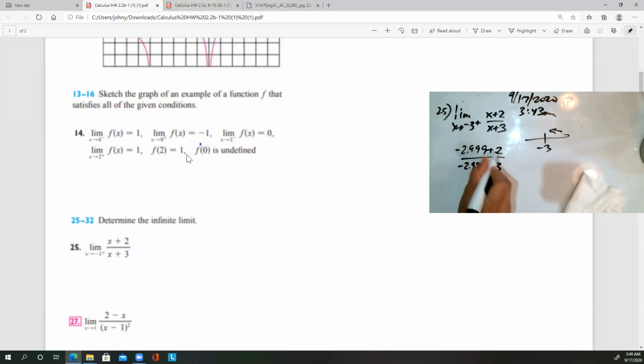Well, -2.999 plus 2 is going to be -0.999 over, what happens when you get here? With -2.999 plus 3, it's going to be positive 0.00001. Oh, there's only 3 zeros.